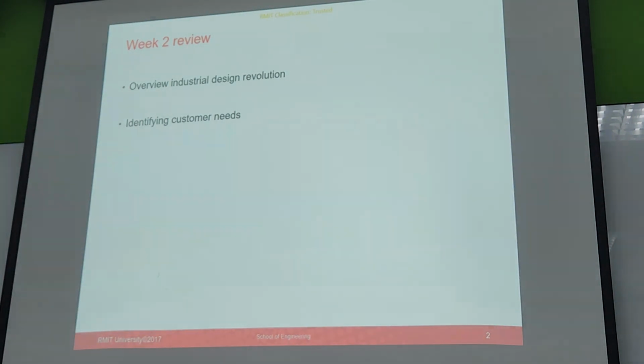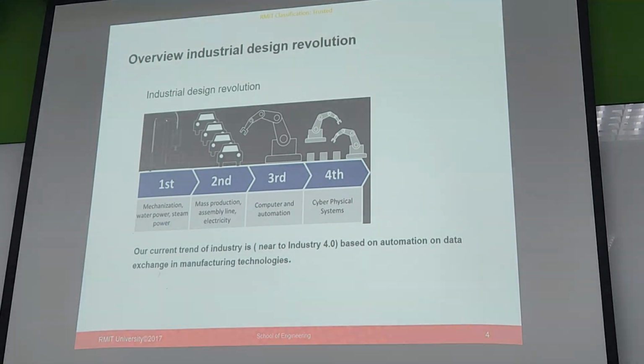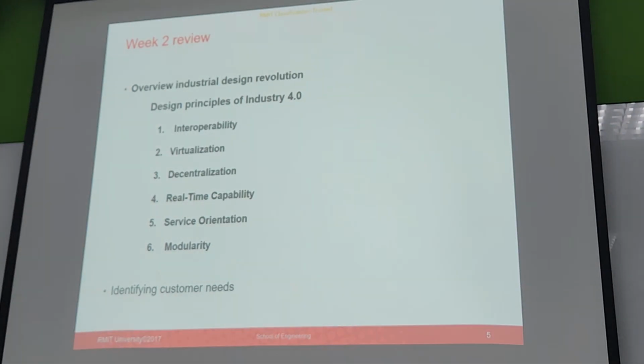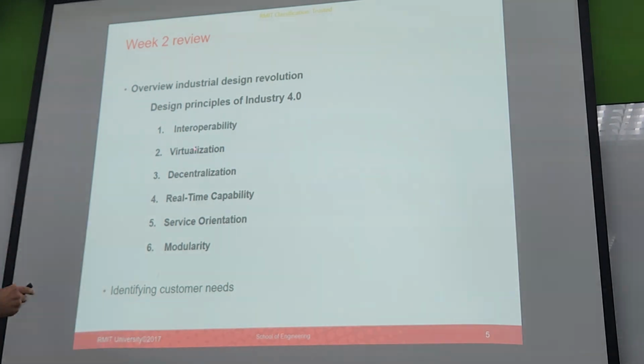So far we talked about the industrial design revolution. If you remember, I talked about how we are in industry 4.0, and definitely we have to consider industry 4.0 for the next design or next production. So for the design of industry 4.0, we have to consider 6 principles.